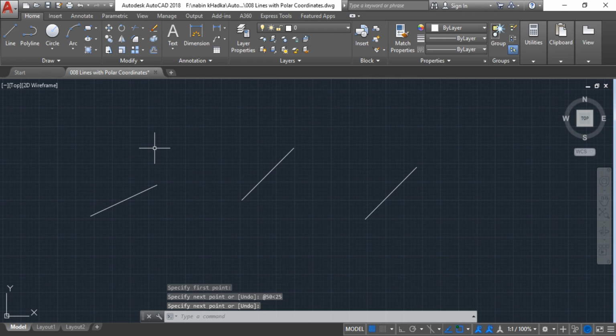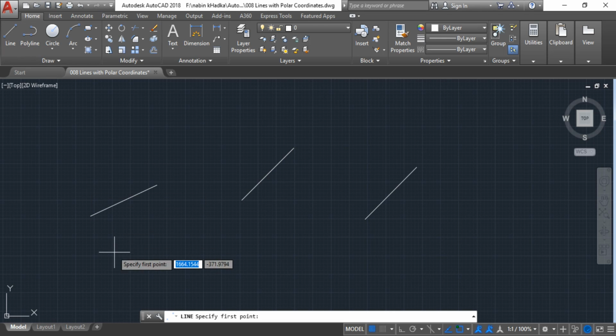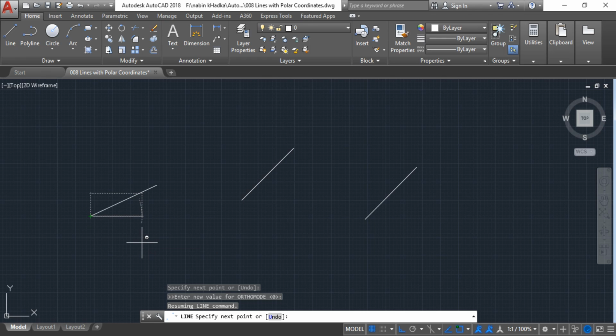Let's make another line with the same starting point but inclined at an angle of -25 degrees or 335 degrees. So I will go to the line tool, pick the same starting point as the previous line, and type the length 50, then the angle -25.